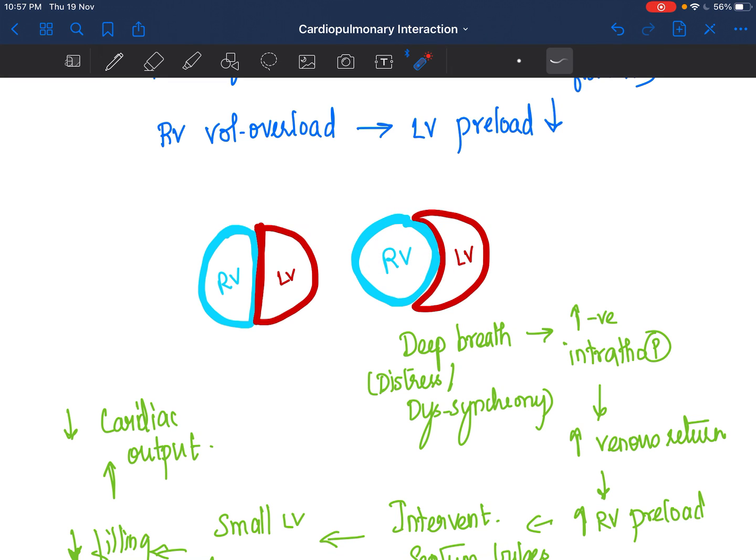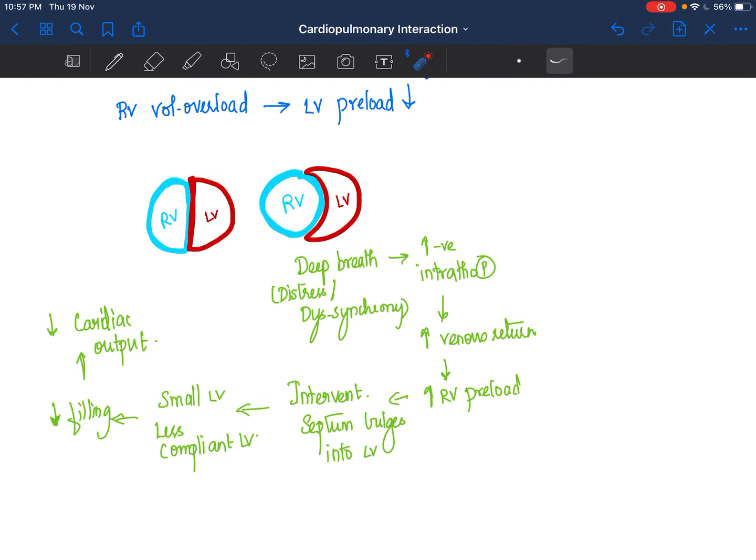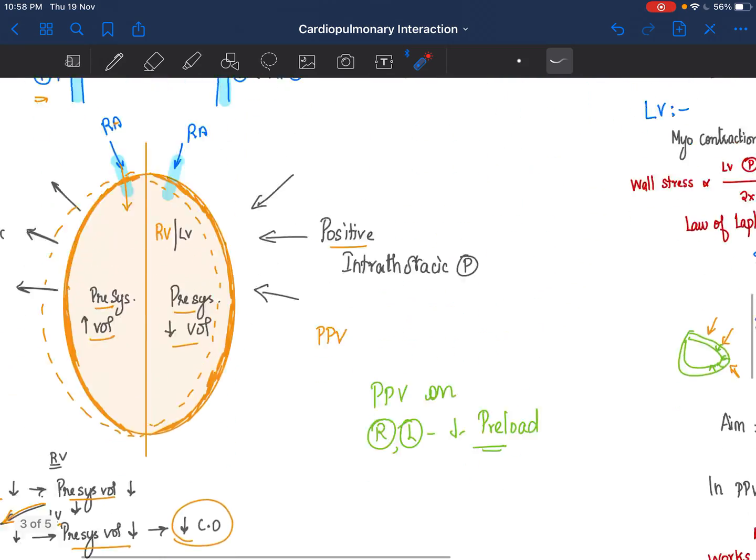So, increased right ventricular preload causes an intraventricular septum bulge. This results in a smaller volume of the left ventricle and a less compliant left ventricle, resulting in decreased filling and decreased cardiac output. Again, it is important for us to let the patient breathe comfortably, however much he or she wants. Hence, avoid dyssynchrony. So, this is in short about your cardiopulmonary interactions.